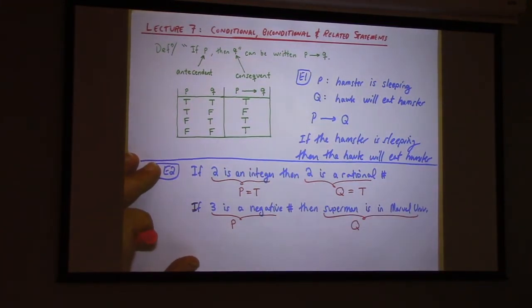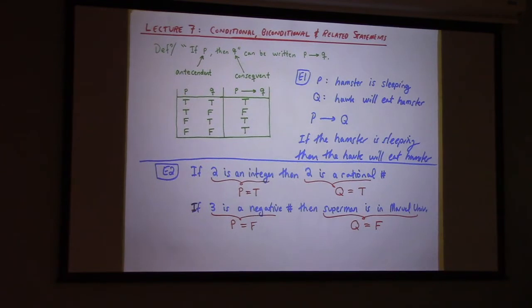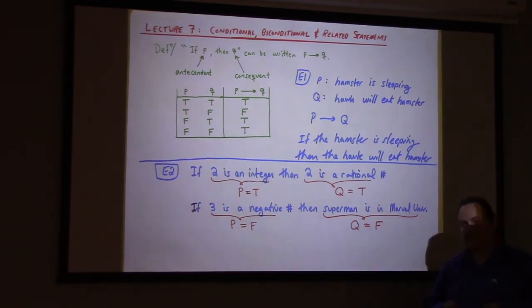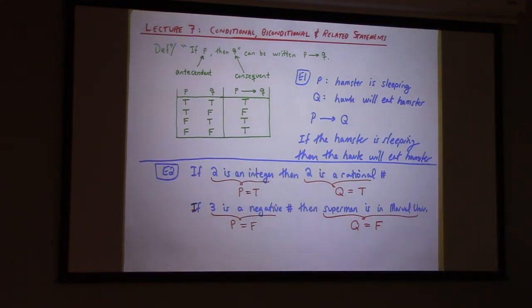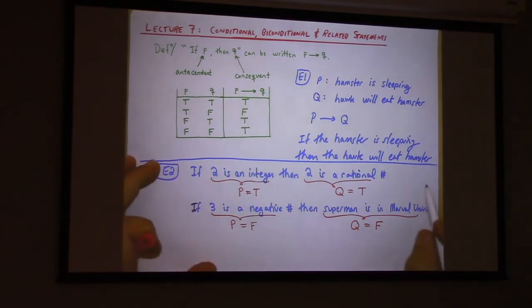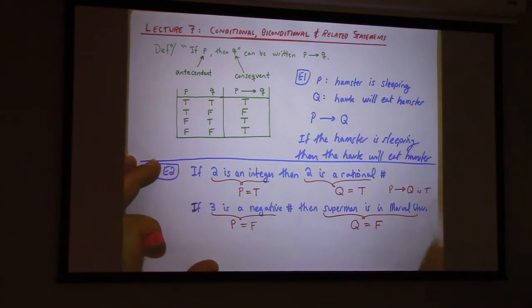So the antecedent is false, and the consequent is also false. So the sentence is true. It's also nonsense, but logically speaking, the sentence is true. So this means P implies Q is altogether true.